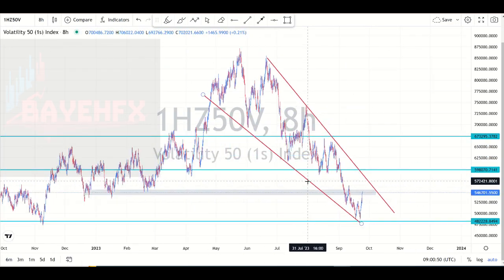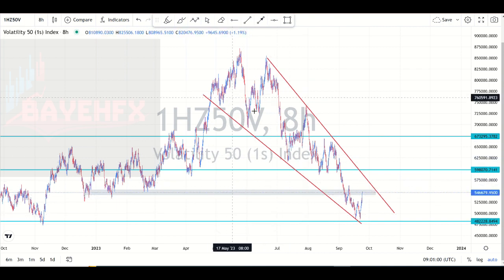So guys, this is Volatility Index 50, or 50 spot, right? As you can see, we're in a nice descending channel. This could be a bullish continuation to the downside and to the upside, so we just need to see a nice confirmation that we are starting a bullish rally.